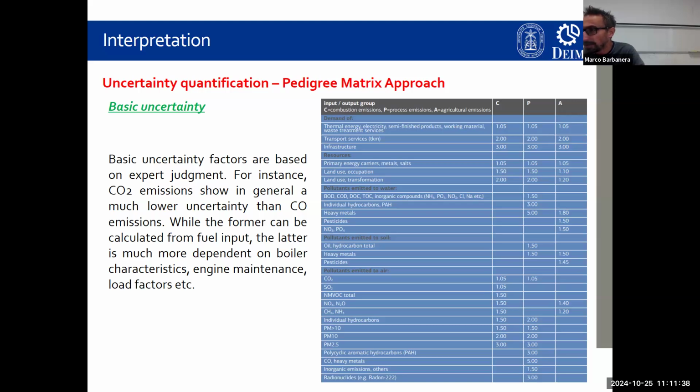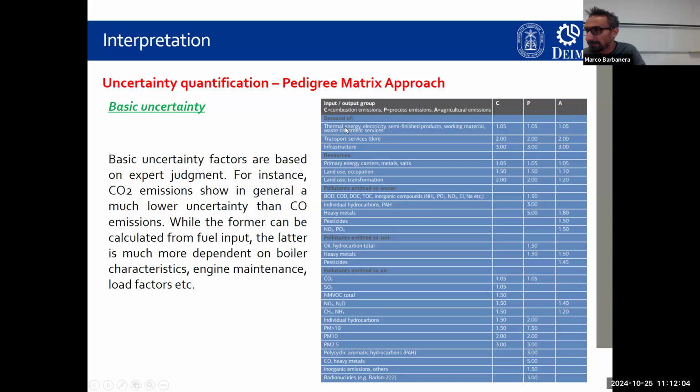For example, if you have an electricity consumption as the input data for your unit process, for this parameter you have to consider the first line, demand of electricity.